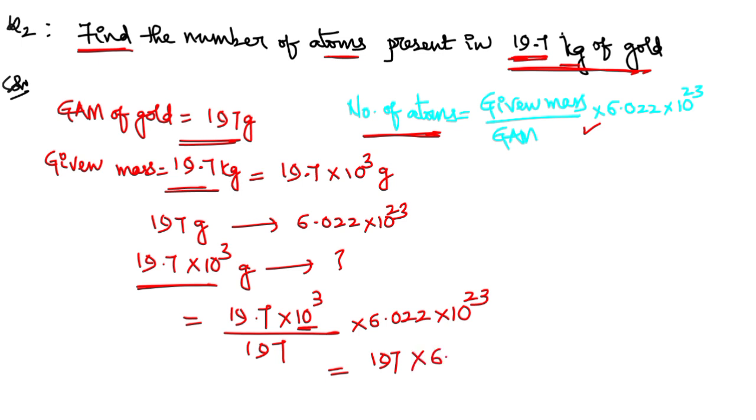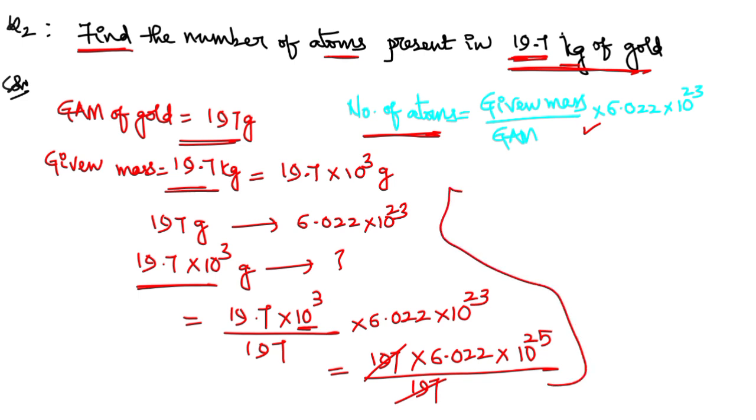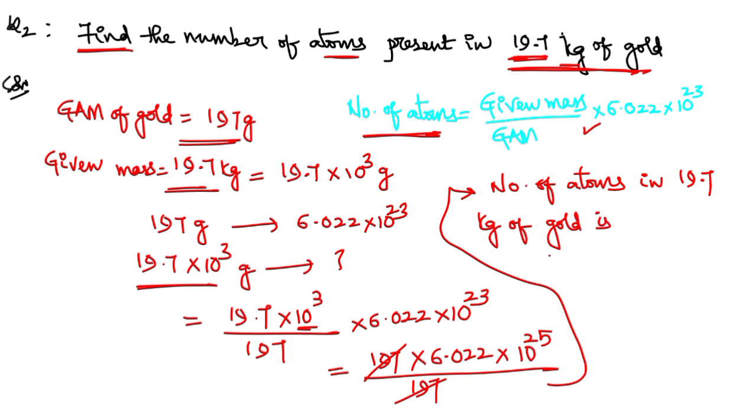So it is 6.022 remains like that, and it is 10 power 25, because here 2 and 23 total becomes 25, by 197. So you can remove these two, and finally the number of atoms in 19.7 kg of gold is 6.022 into 10 power 25.